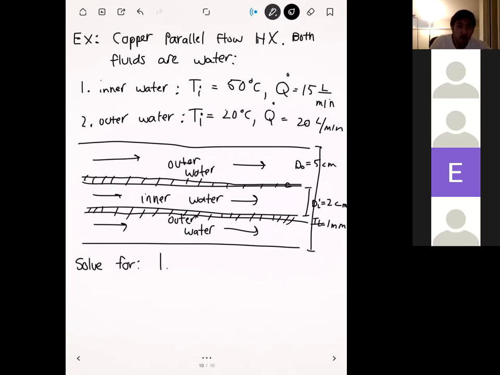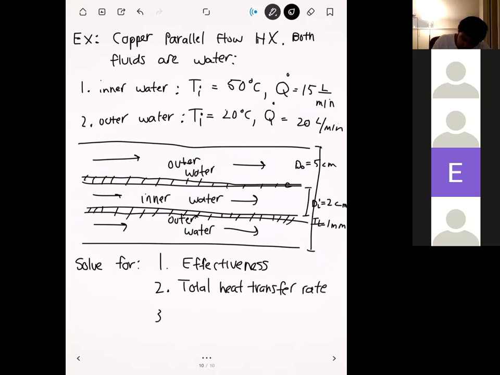First, let's compute the effectiveness of this heat exchanger. 2, let's find the total heat transfer rate. And 3, let's solve for the outlet temperatures of the 2 fluids.